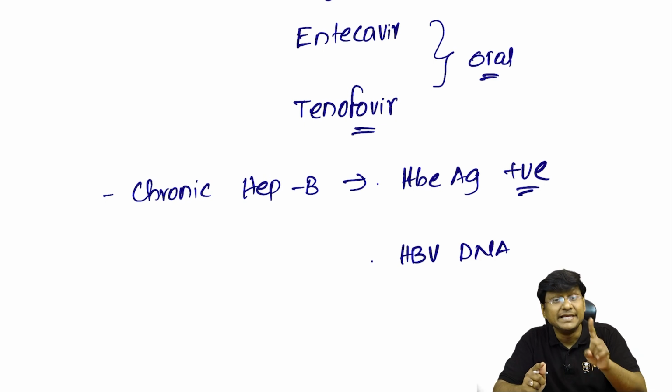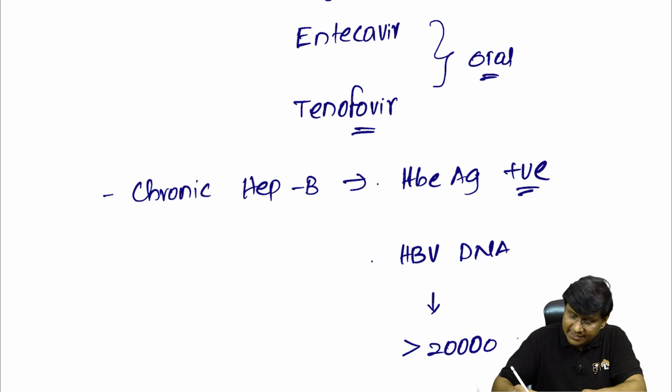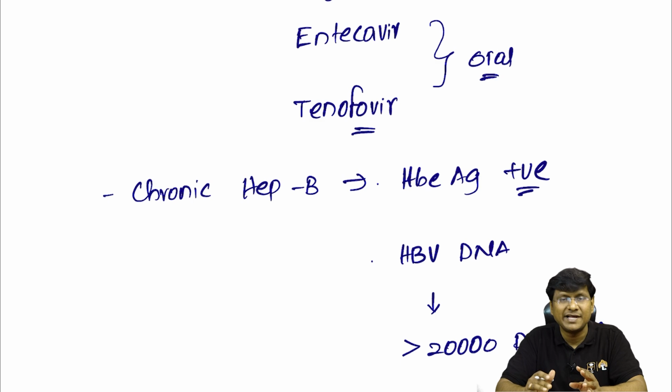If the HBV DNA levels are elevated more than 20,000 DNA copies per ml, remember, the nucleic acid in all the other viral hepatitis is actually RNA. You take A, C, D, E, it is RNA. But only for hepatitis B, the nucleic acid is DNA, right?